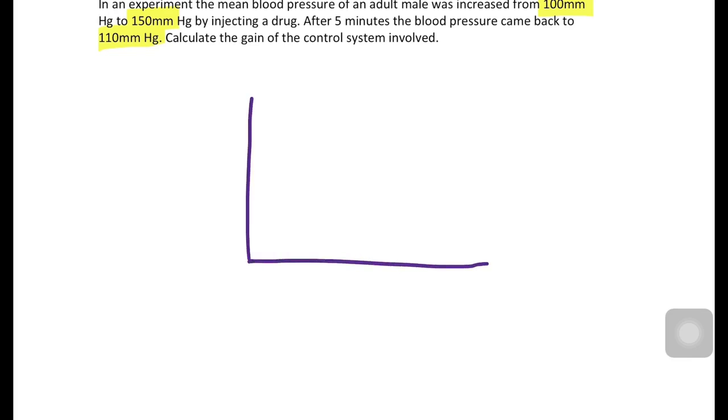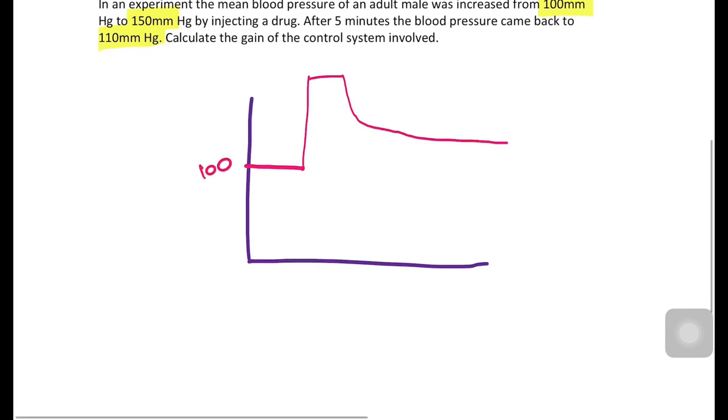So it's y-axis and x-axis. Now the controlled variable's set point is again 100, but instead of decreasing, here they have increased it to 150, and then it has come back to 110 eventually. So initially it was 100 and this is 150, and it came back to 110, that is the final value.